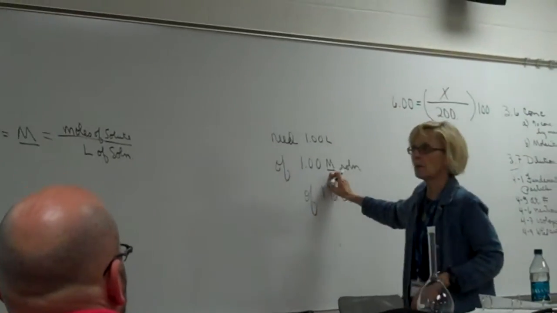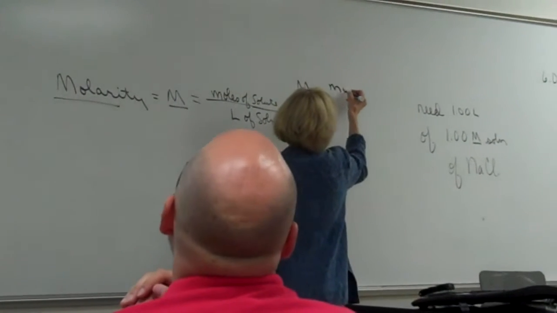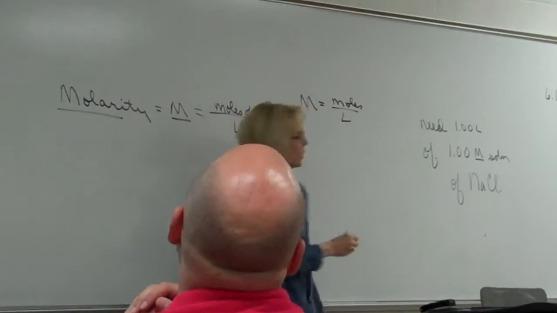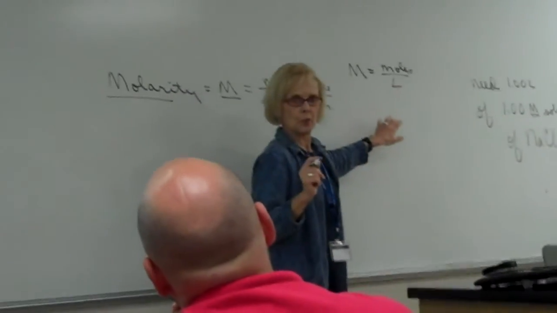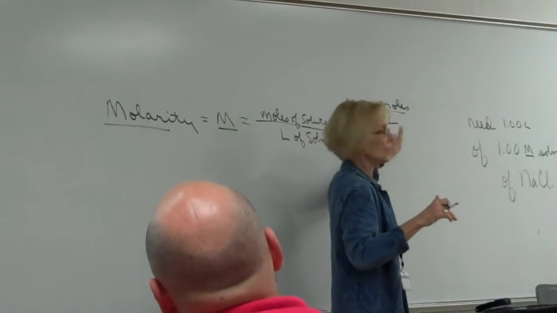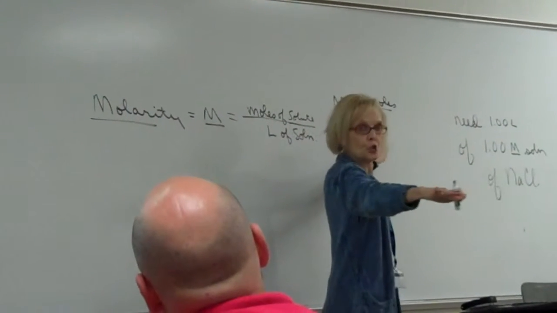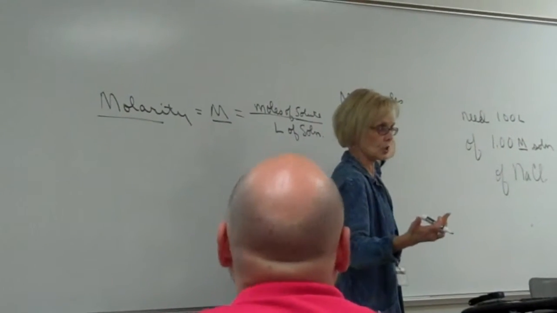Okay, and I see that is my big clue. And a lot of times, we abbreviate this definition like this. However, if you do abbreviate it, you got to remember, moles of what? The solute. Liters of what? The solution, not the solvent. The solvent, once again, is never mentioned.